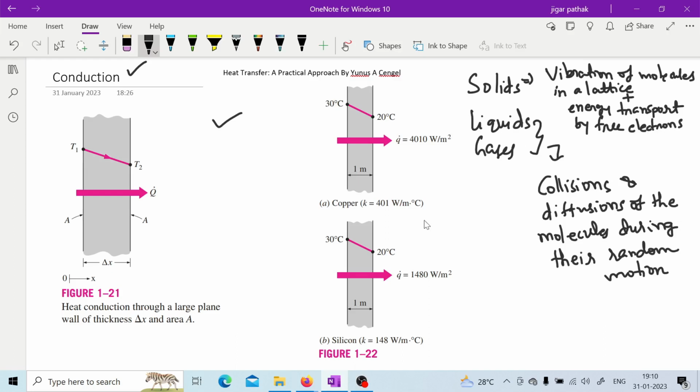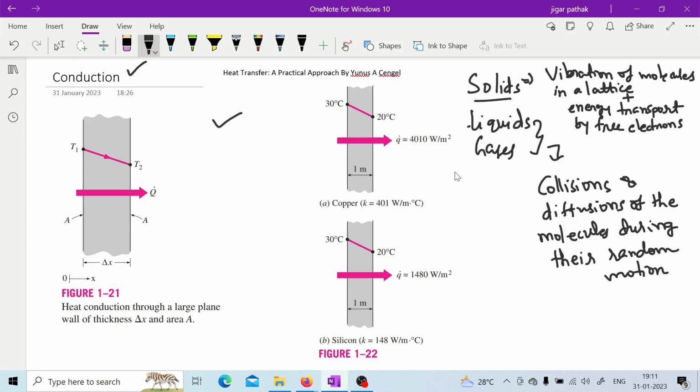These are the energy carriers in all these media, whether solids, liquids, or gases. This is how conduction takes place.